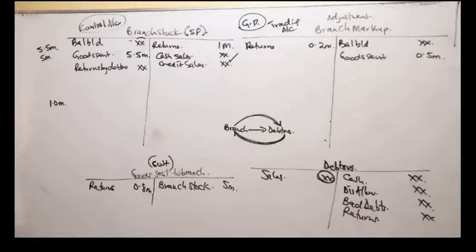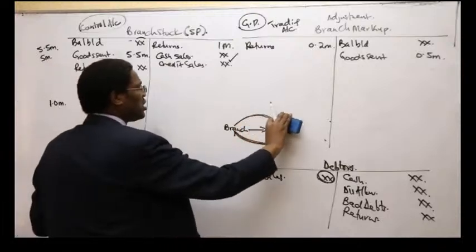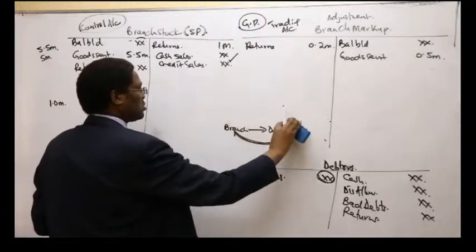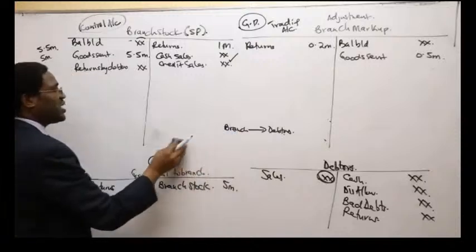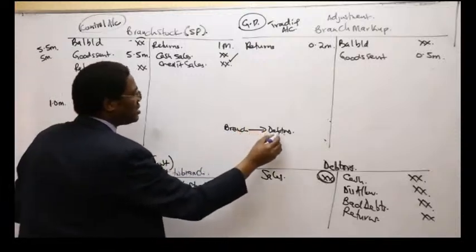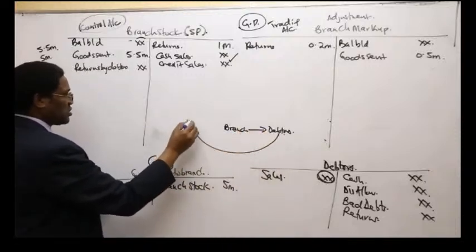That's our next entry. Next one we go to now. Assuming for whatever reason, this debtor, instead of returning the goods to the branch, decided to return them direct to the head office.